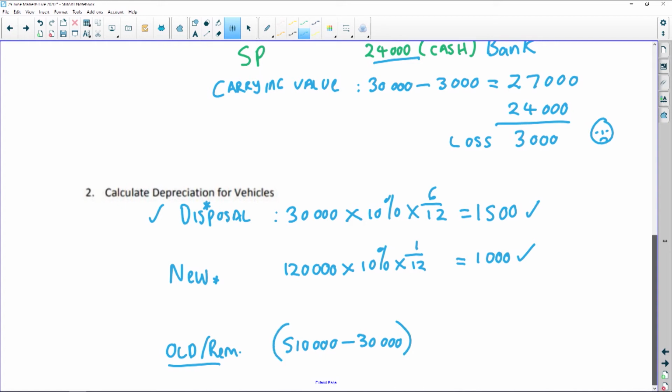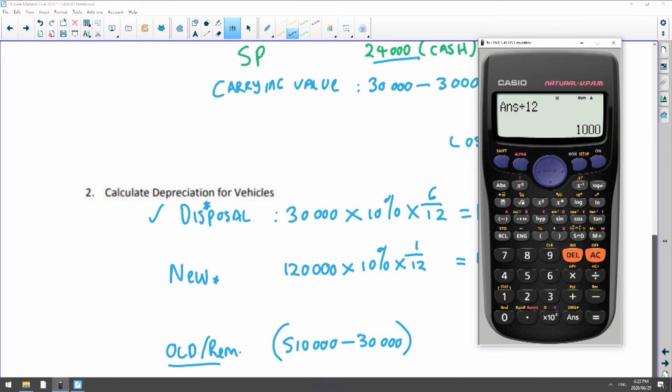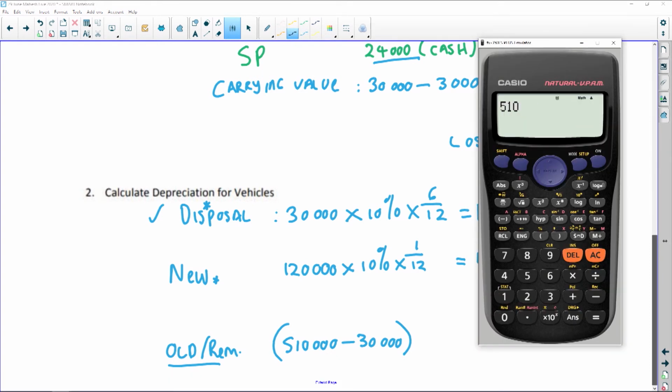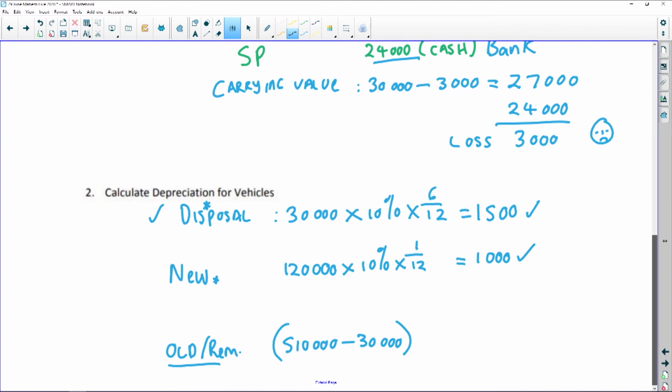And that will give me the cost price of my old vehicles. So if I quickly calculate that, so 510, I'm going to ignore the zeros, minus 30,000, and that's giving me 480,000, and that is the cost of the remaining vehicles, excluding what you disposed of.